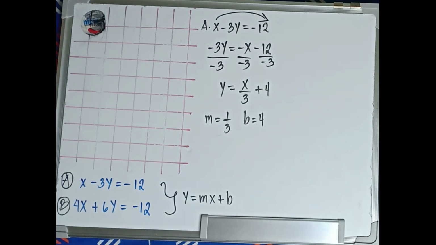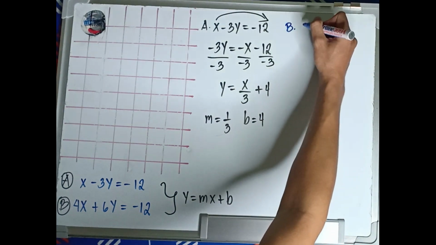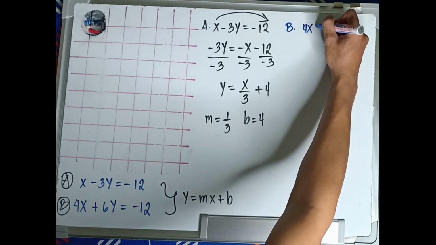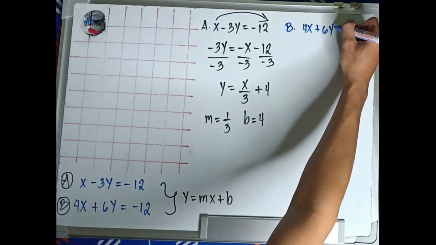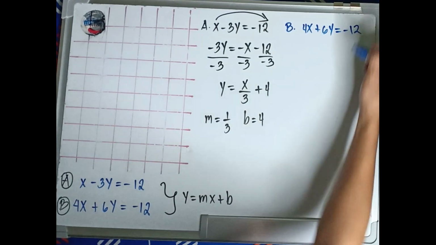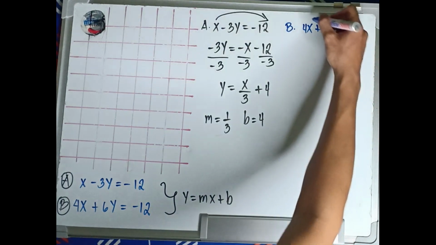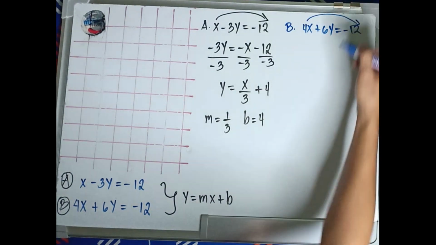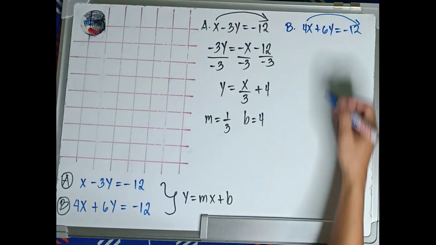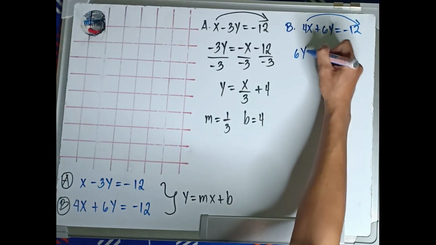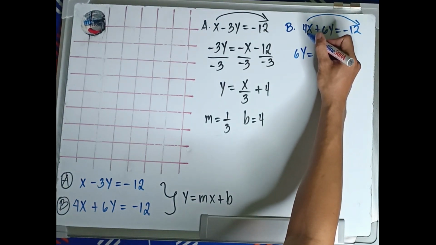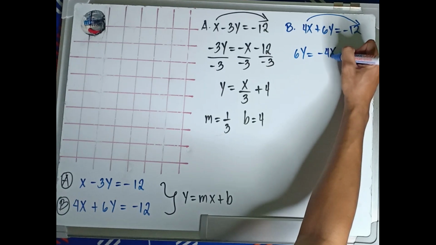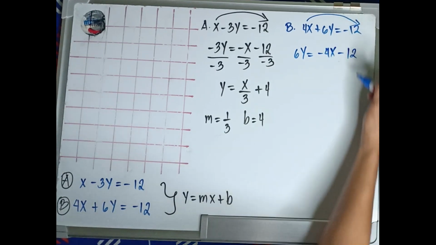Now, let's change equation B into the form y is equal to mx plus b. For equation B, we have 4x plus 6y is equal to negative 12. So again, we have to transpose 4x to the other side. We copy 6y, the equal sign, and positive 4x will become negative 4x. Then copy negative 12.